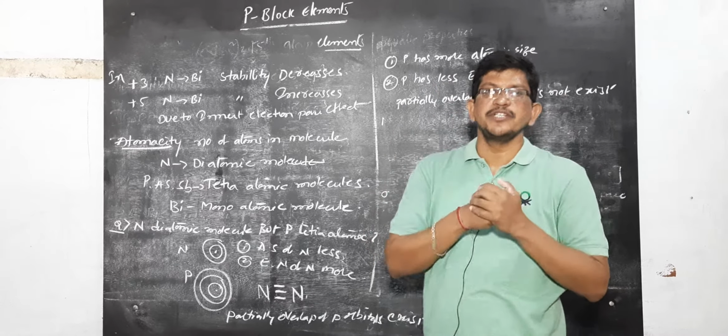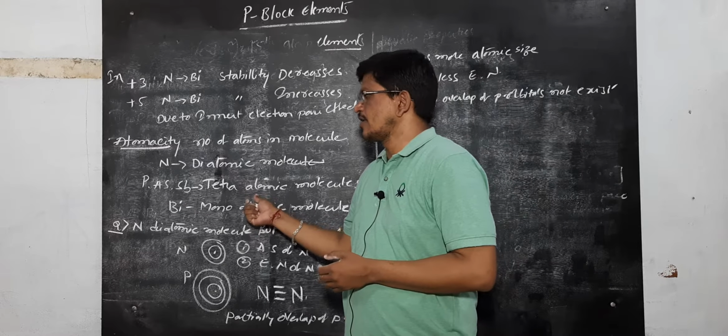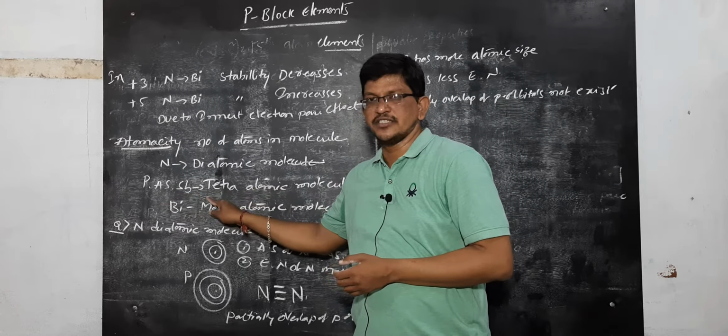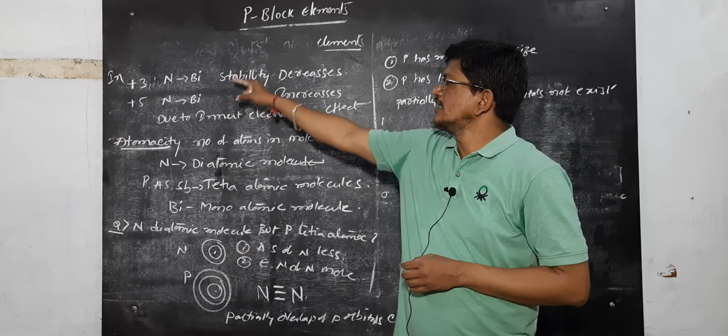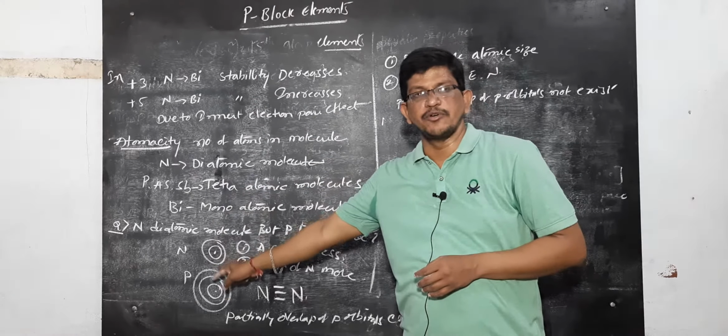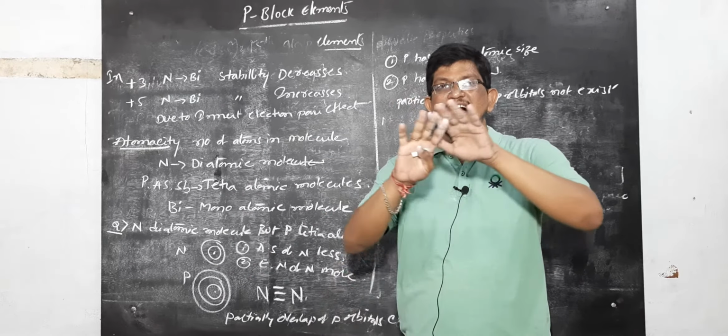But what about bismuth? At least it could form a tetraatomic molecule like these three elements, but it gives only monoatomic. Why? Because compared to nitrogen, phosphorus, arsenic and antimony, bismuth has a very large atomic size.